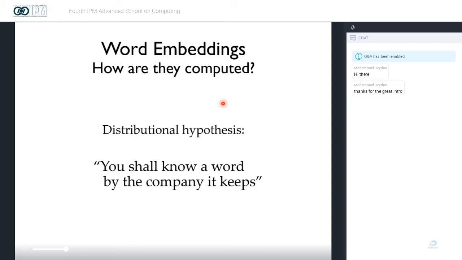So if two words tend to co-occur, or appear with each other a lot of times in a given text, let's say in Wikipedia, then you will try to place them in proximity, close to each other in the semantic space. And if two words do not co-occur with each other frequently, then the two words are going to be placed at far distances in the semantic space.